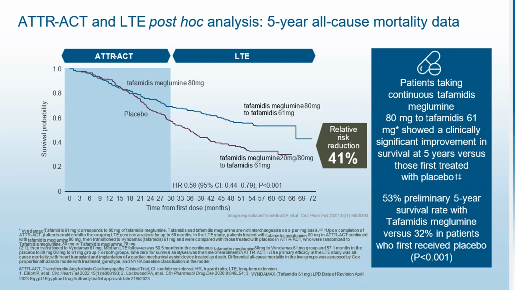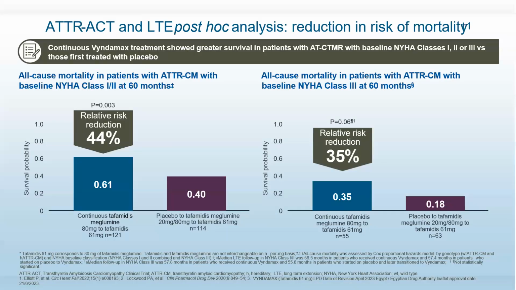And this showed that those patients were still improving in relative risk reduction of mortality, and this proves that the drug needs to be taken as a lifelong medication, as we said, so it can stabilize all the transthyretin tetramers produced by the liver.